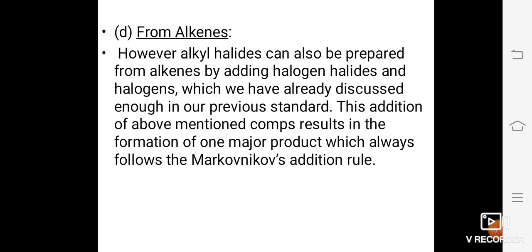the product formed is always the 2-degree product as the major product. Example, if hydrogen bromide is added to propene, the product formed is always 2-bromopropane. That is, the positive part of the reagent, H plus of either HCl or HBr, will always add across the double bond to the carbon which has more number of hydrogen atoms.